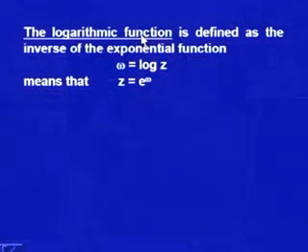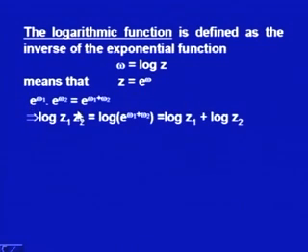Then we come to logarithmic functions. Logarithmic function is defined as the inverse of the exponential function. So, we write w = log z, then z = e^w. So, that is how we write that logarithmic function is inverse of exponential function.